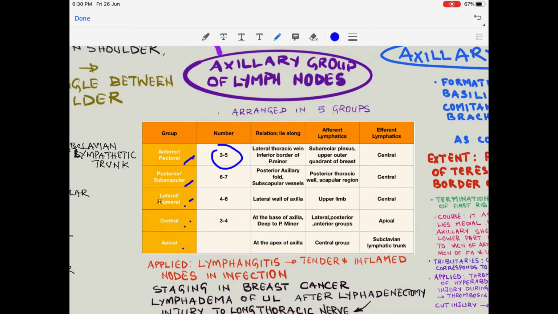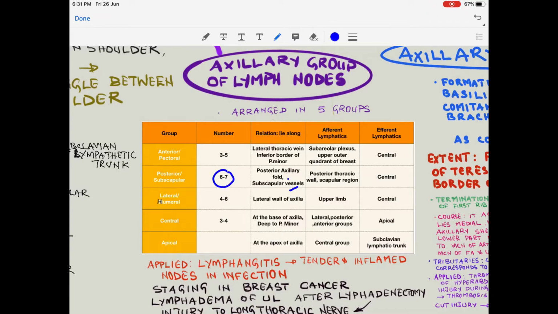The posterior or the subscapular group of lymph nodes, they are 6 to 7 in number and they lie along the posterior axillary fold and subscapular vessels. Afferents are coming from the posterior thoracic wall and scapular region.